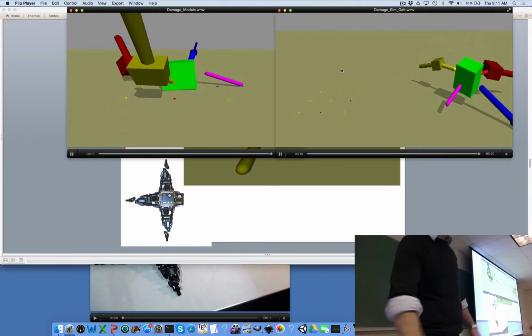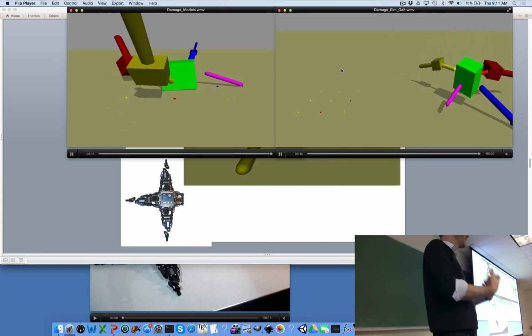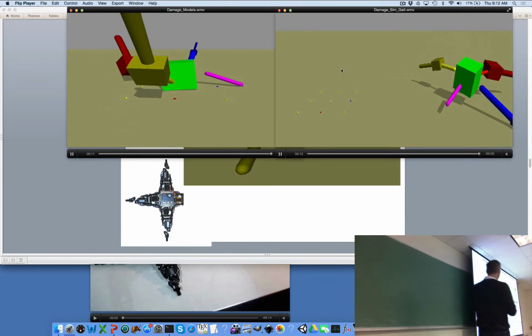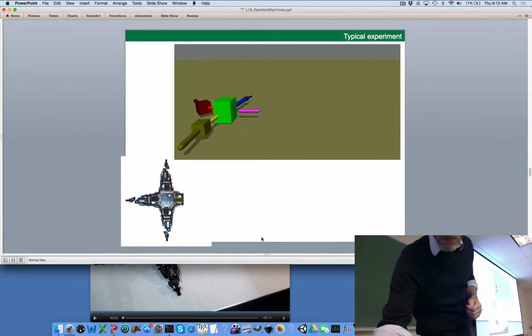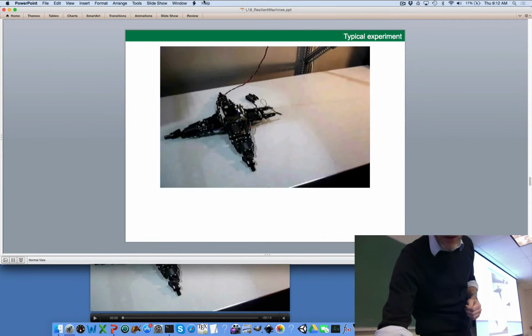Okay, so now, again, the robot says, I become damaged. I know how I'm damaged, but now I'm resilient. I've come up with a qualitatively different gait that allows me to fulfill the utility function that I've been given, which is travel from left to right.